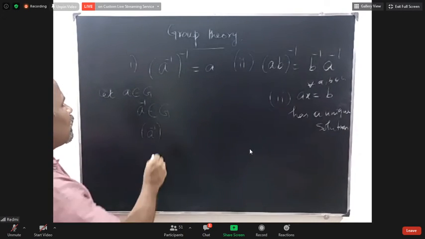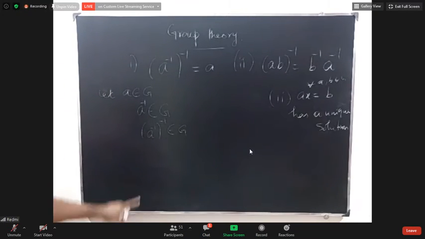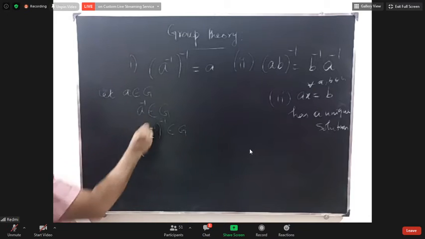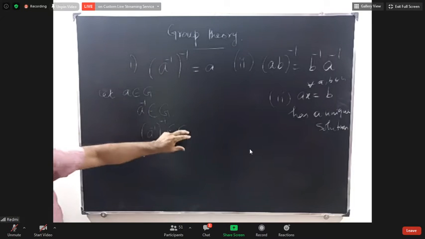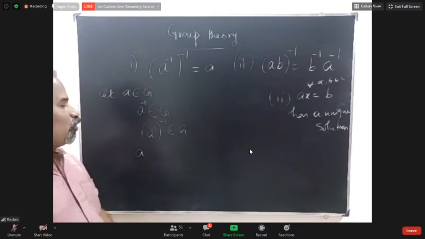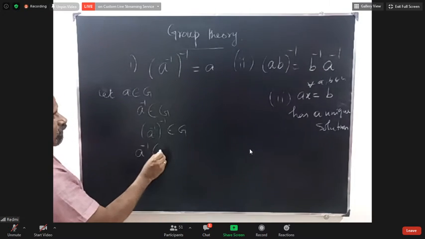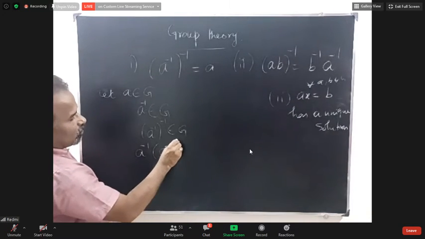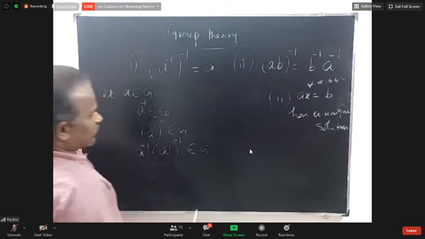By the closure property, if you take any element, the inverse of that element also belongs to G because of the group. So by using the closure property, the whole inverse again belongs to G.